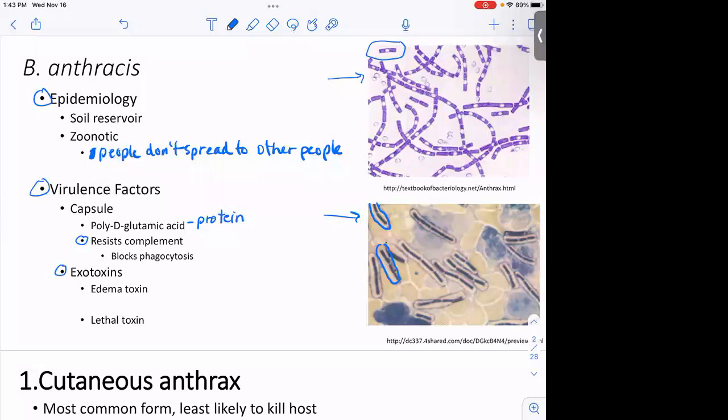One I didn't mention because it's just a means to facilitate the entry of the other 2 toxins in the cell. So sometimes you talk about it as being a Trojan horse toxin. It's a sneaky way to get the other toxins inside the cell. The toxins do exactly what you think they would from the name. So the edema toxin causes swelling of tissues.